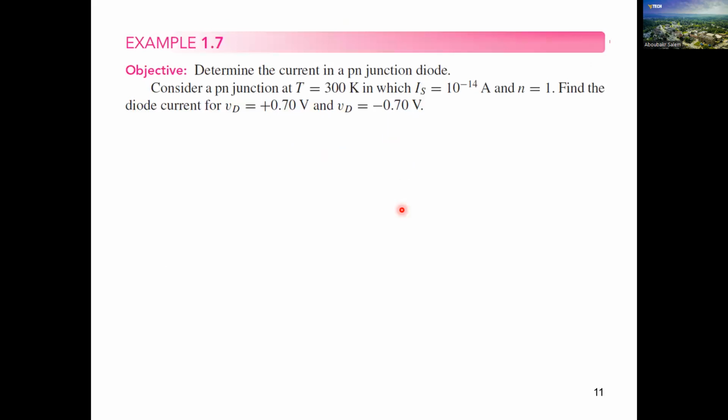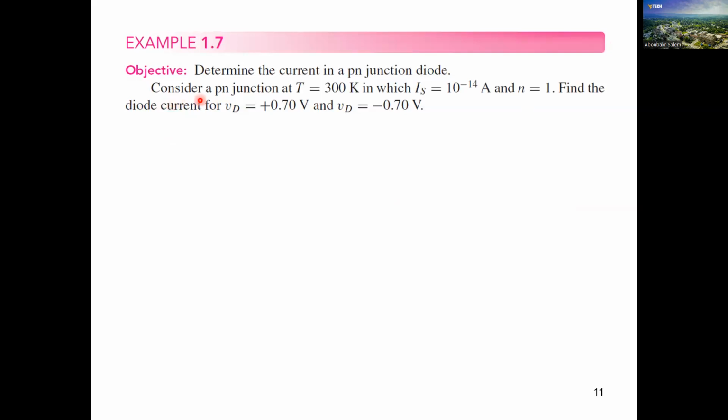If you draw this relation, we can draw it in another slide, but let's solve this example together just to imagine the current flow according to the voltage applied to our PN junction. So here, guys, we need to determine the current in a PN junction diode at different operating conditions.